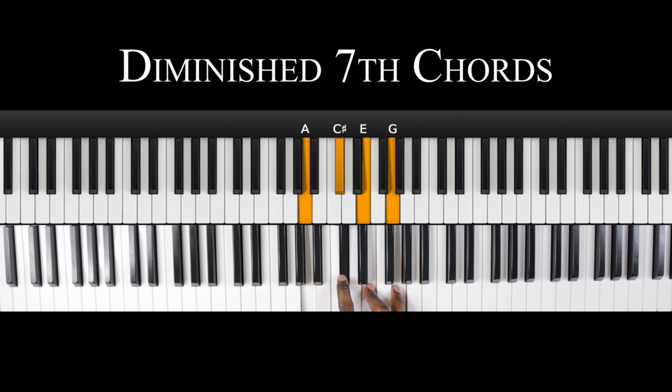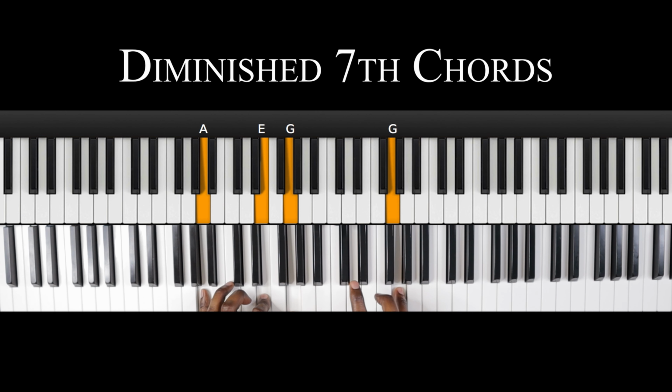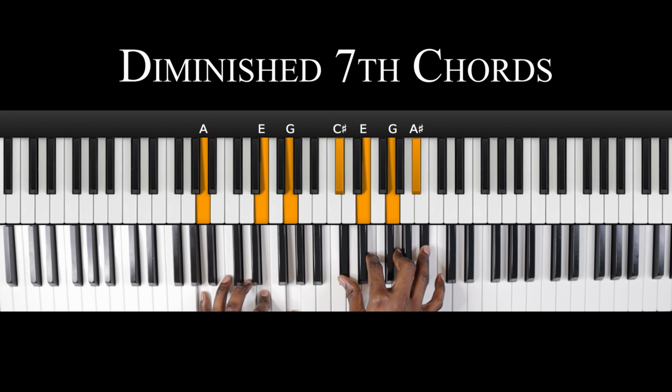So instead of me playing A dominant 7th, I played that dominant 7th in my left, but in my right I simply played the C sharp diminished 7th. And that gave me a full lush sound.